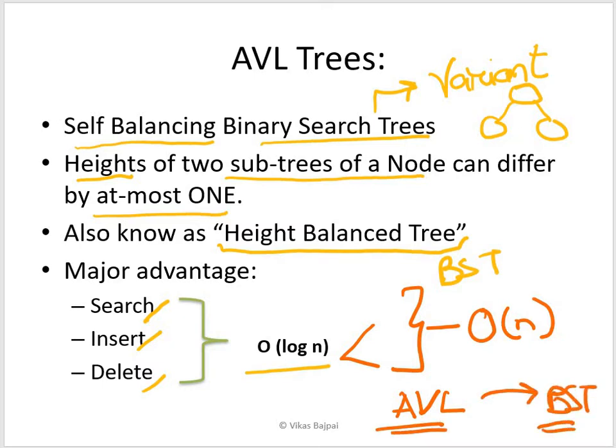As I said, it is nothing but a height balanced binary search tree, so it is nothing but a variant of it. There were some issues in binary search tree. In one of the videos I had a discussion on it as well. Let me try to explain you with the help of an example.